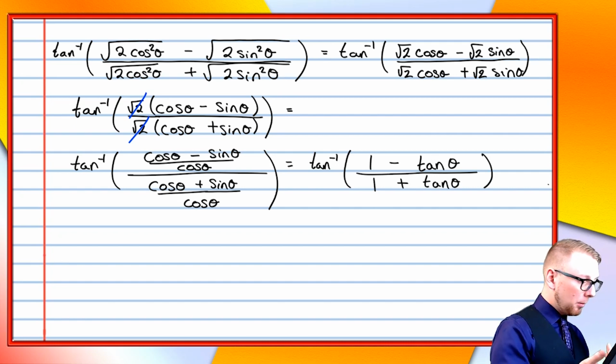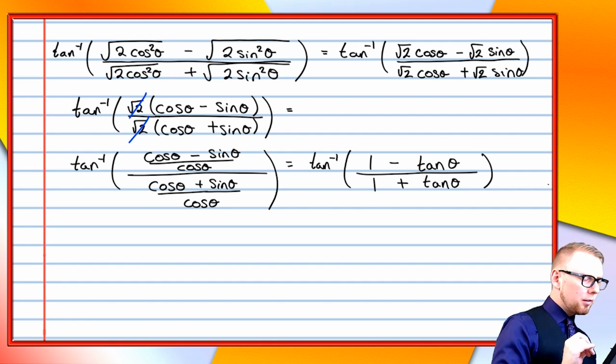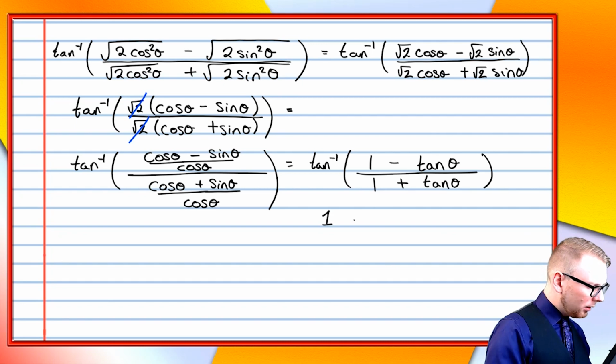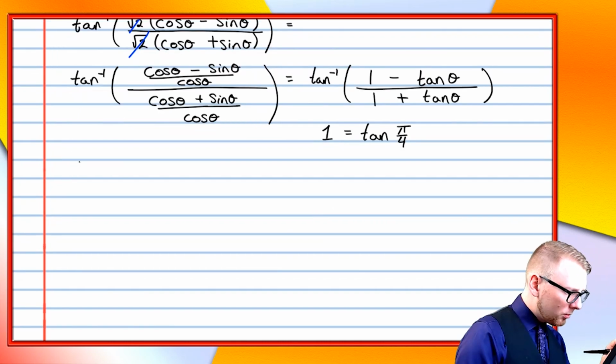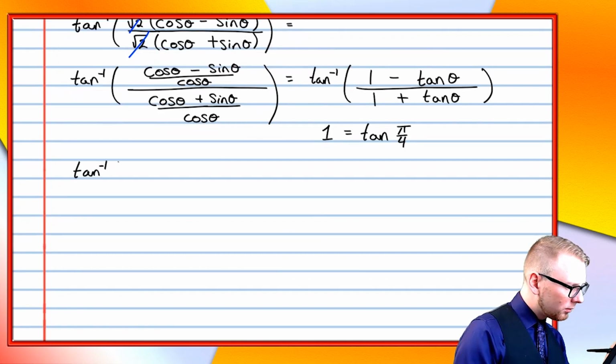All right, not bad. Here's another little thing we need to know. Well, 1 is actually the tan of pi over 4. If you look at the unit circle, tan of pi over 4 is 1. Do a little replacement here. We're going to have the tan inverse.